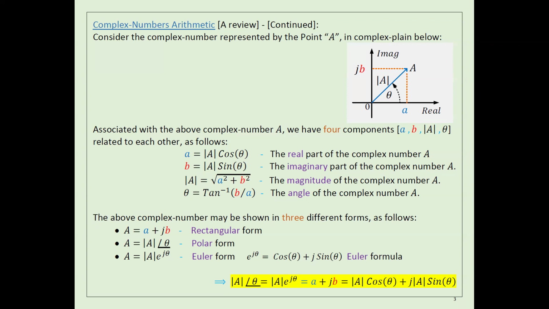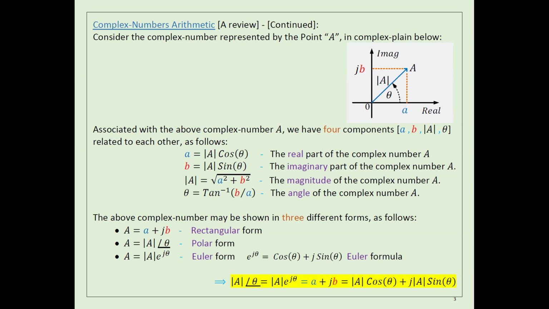If you know the magnitude and you know theta, then you already have the point. So, conclusion: for complex numbers, we are going to use two forms. Number 1, rectangular form. The second one is polar form. It's very important to know how to convert between them. Sometimes you have a rectangular form and you want to convert to polar, and sometimes you have polar and you want to convert to rectangular.